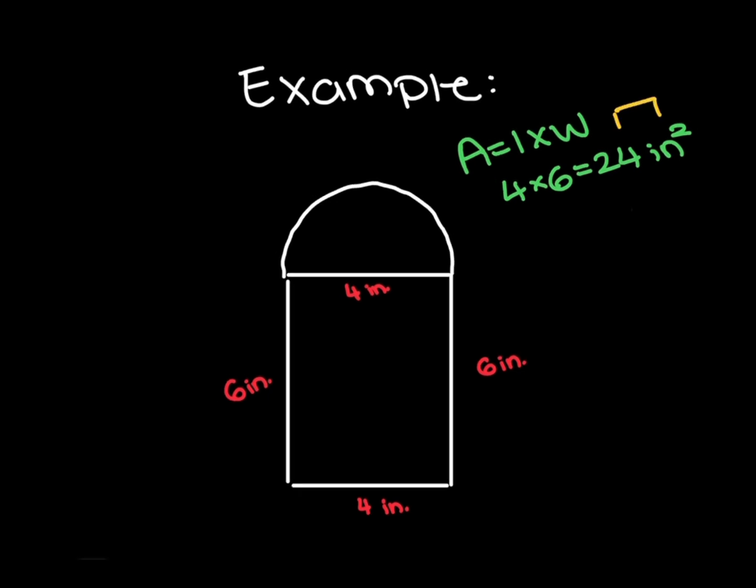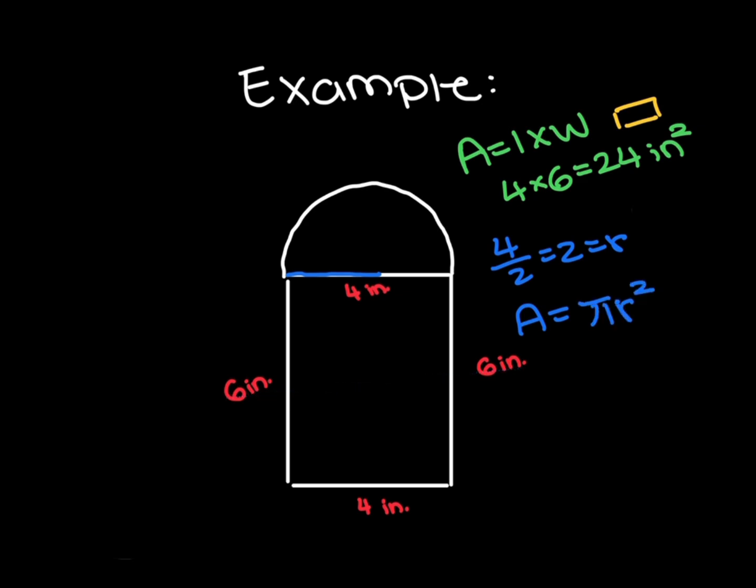So let me draw a symbol right here. And now we'll find the area of the semicircle. So first, to make this easier, let's find the area of the full circle. The diameter is 4, and we know that half of the diameter gets us the radius. So half of 4 is 2. And we know that the formula for the area of a full circle is pi r squared.